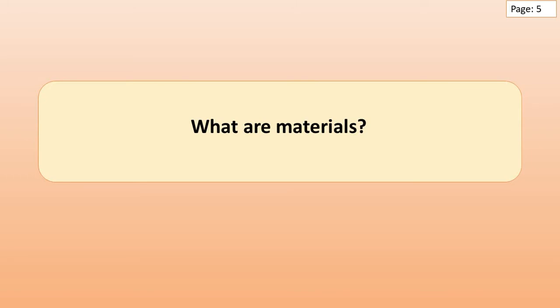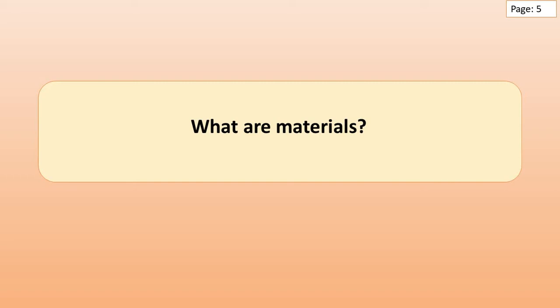What do you think, grade 2? What are materials? I will surprise you, grade 2. If you look around in your home or in your city, in your country, each object you can see around is made of materials.